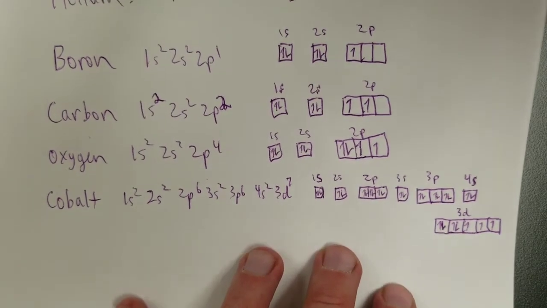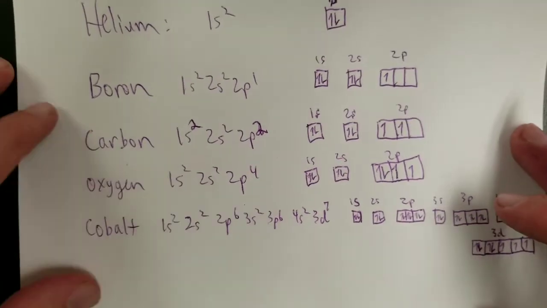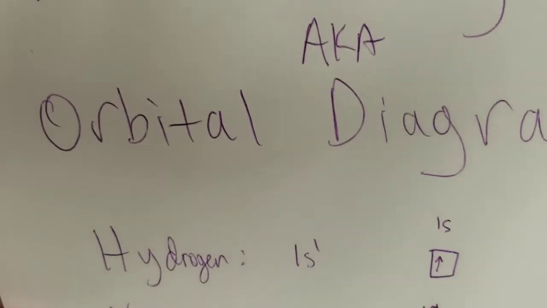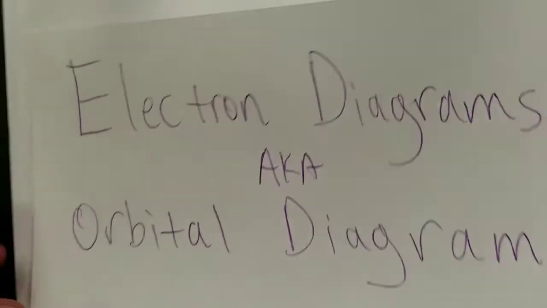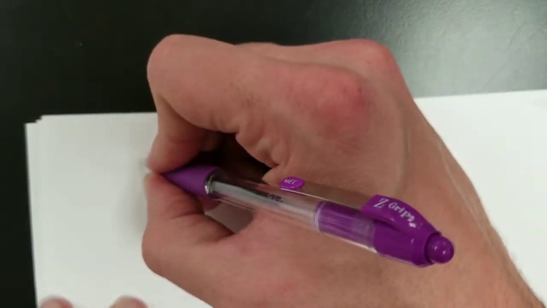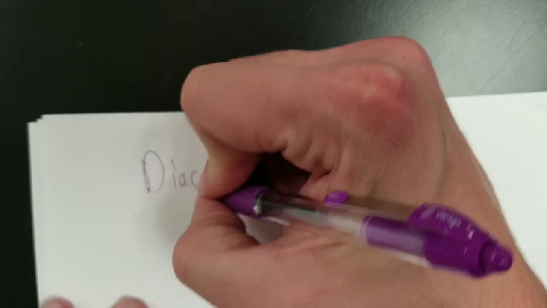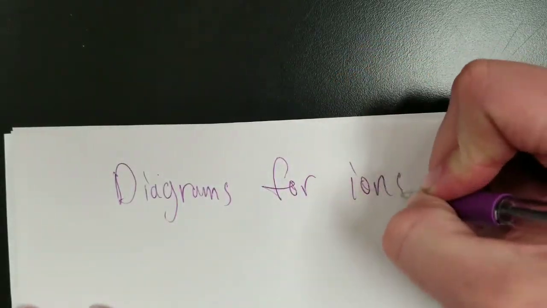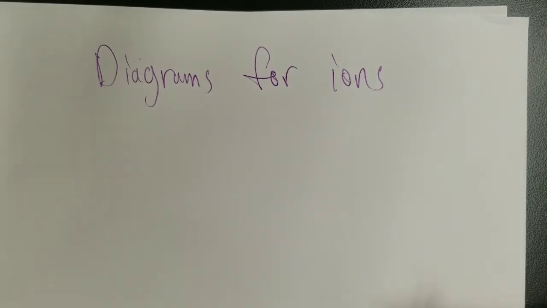Now, last thing I'll deal with on electron diagrams: what if you have an ion? Let's see, diagrams for ions. Start simple.